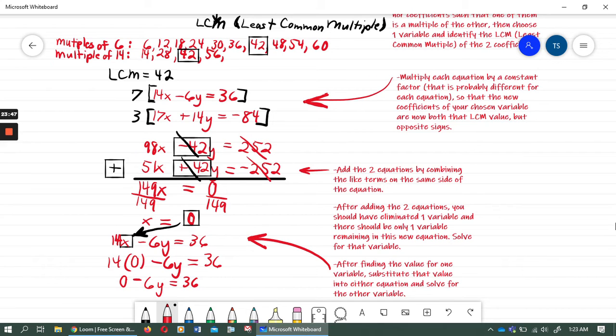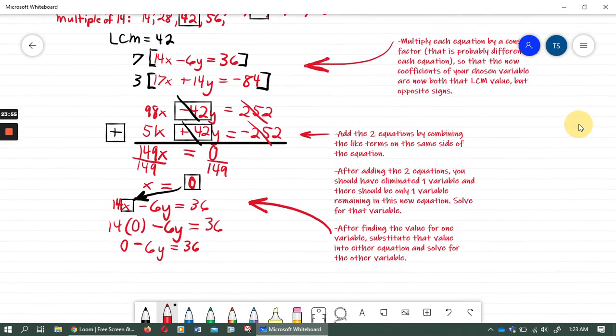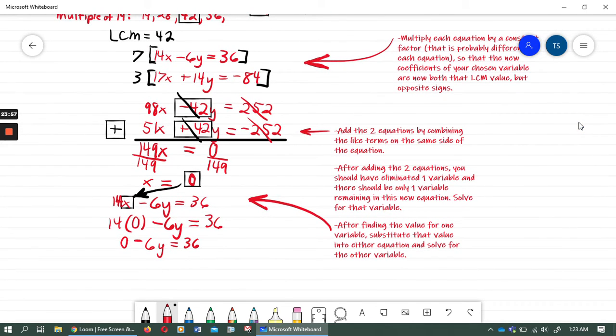Equals 36. Now, did I have to write 0 minus 6y? No, right? I didn't have to write 0 minus that, because if I'm subtracting something from 0, guess what? It's just that thing. So we've just got here negative 6y. We don't have to write that 0 there.